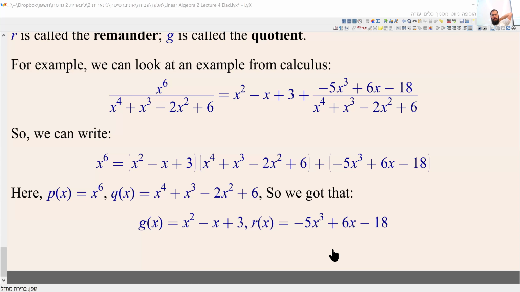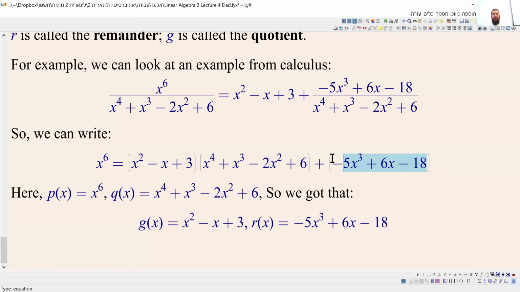So first of all, we know that it is technically working, so it is theoretically working as well, but now I stated formally what we are expecting to get. Polynomials P and Q. P is something multiplied by Q plus another something. The other something is called the remainder, and its degree is lesser than the degree of Q, the polynomial we divided by.